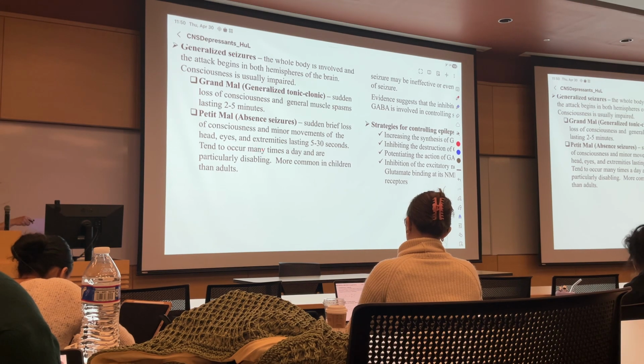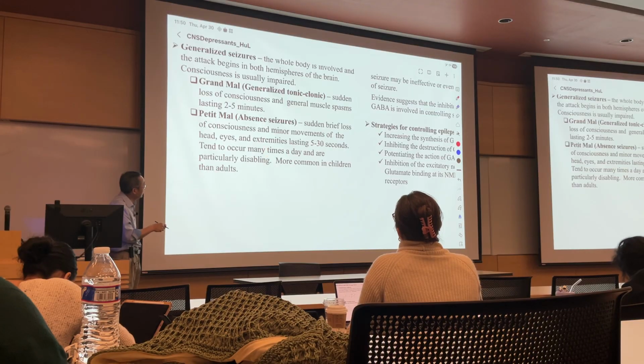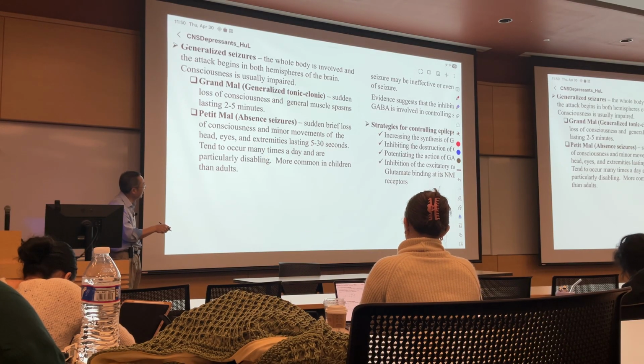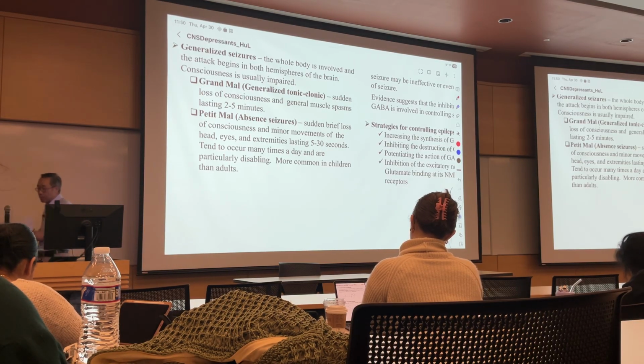And then you have petit mal seizures, also referred to as absence seizures. In this case, the seizures still originate from both hemispheres, and they last shorter, right? You have 5 to 30 seconds for each episode, but there are many of these episodes linked to each other. The brain may not have time to recover in these cases, right?